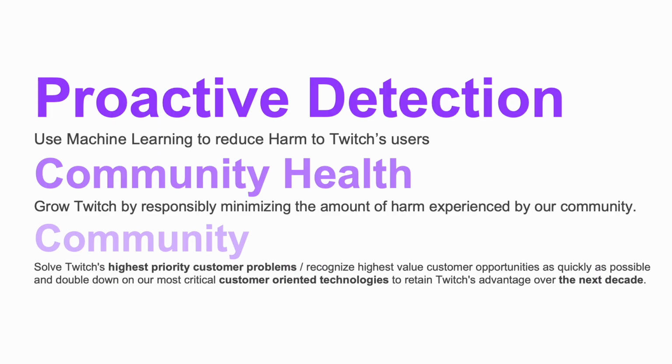But who are we as a team? Our team is called Proactive Detection, and our mission is to use machine learning to reduce harm to Twitch's users. We are part of a bigger org called Community Health. Community Health's mission is to grow Twitch by responsibly minimizing the amount of harm experienced by our community.